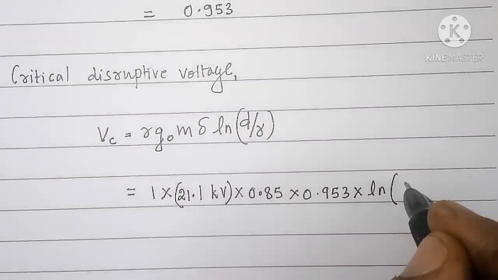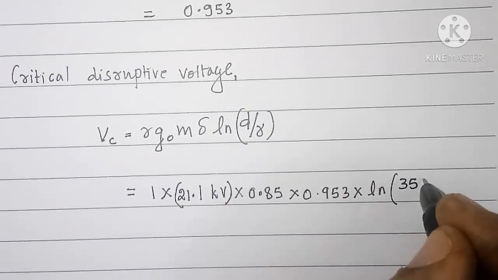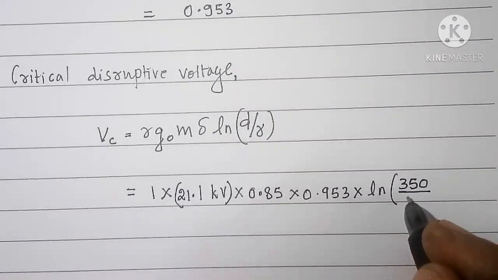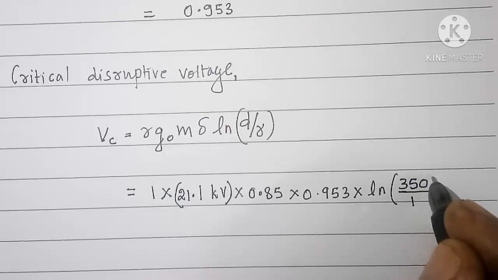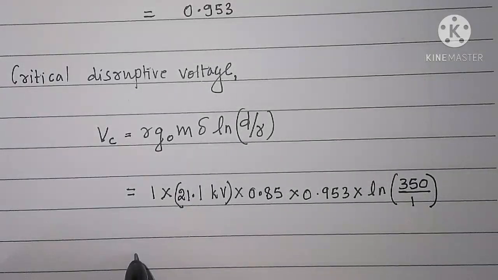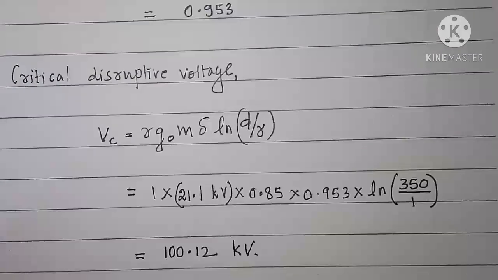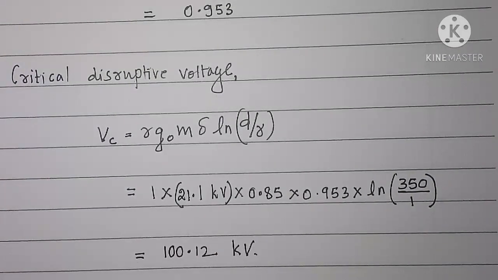We have to convert meters into centimeters here. By radius 1 centimeter. Simplifying, we get 100.12 kilovolt RMS. This value is RMS value.